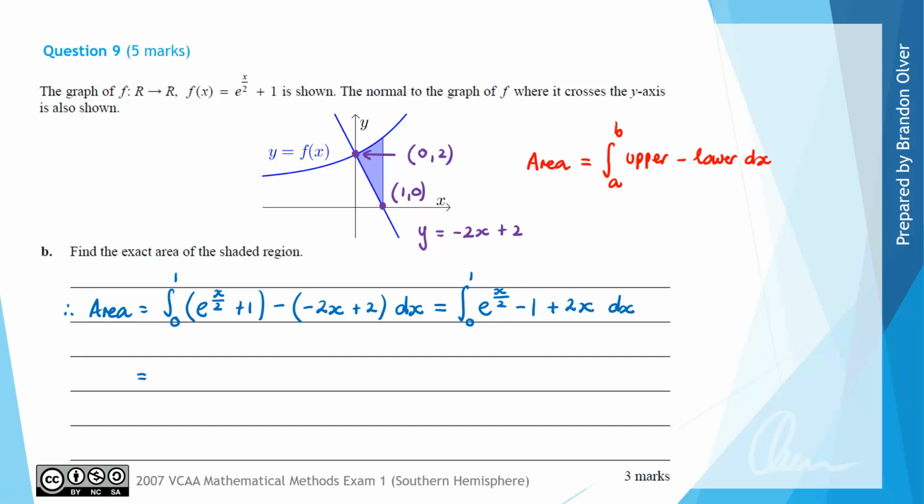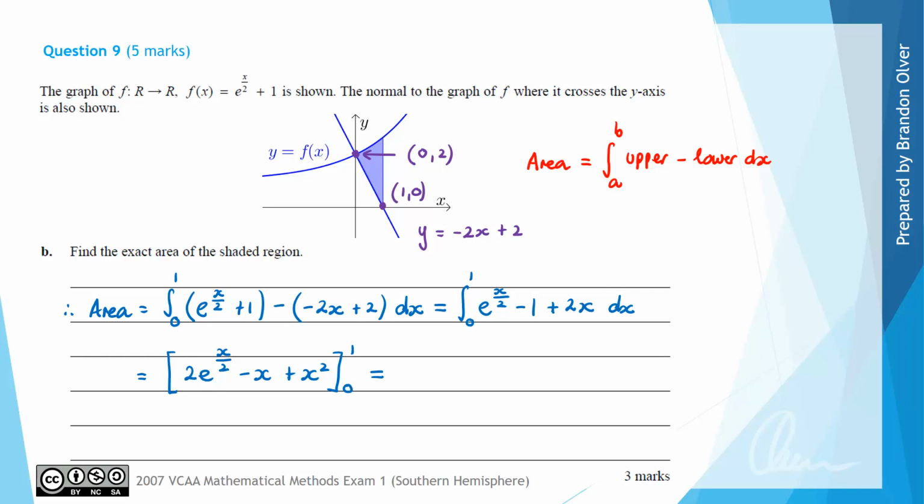So that means that the area is equal to the antiderivative, which would be 2e to the x on 2 minus x plus x squared, evaluated between 0 and 1. We evaluate that by evaluating the antiderivative at 1 and then subtracting away the antiderivative evaluated at 0.